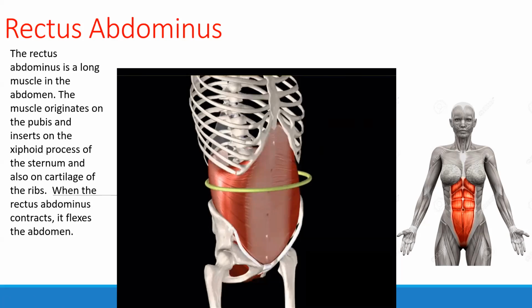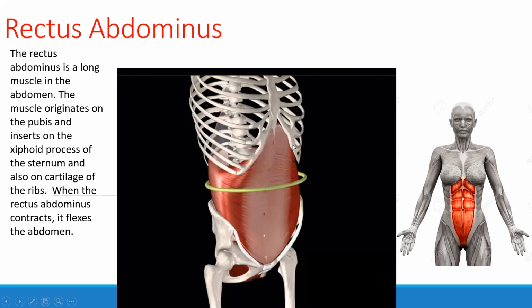The problem with this is if you go to pick up something very heavy and you flex your abdomen, you tend to hold your breath, because by compressing the abdomen like this, the diaphragm can't drop down like it did before. The diaphragm's right here underneath the xiphoid process too.